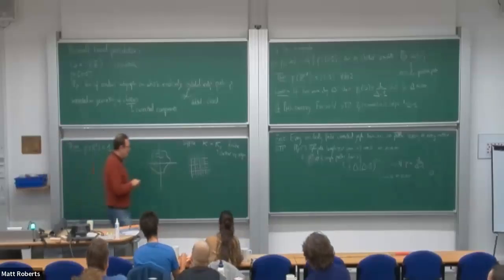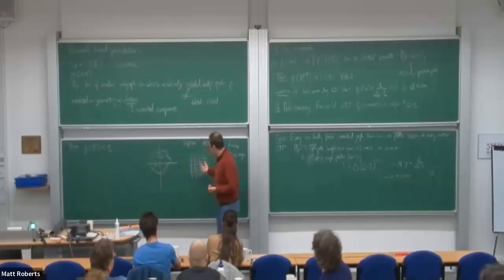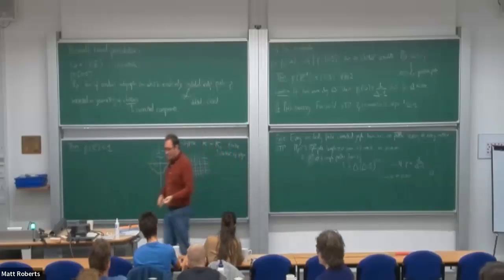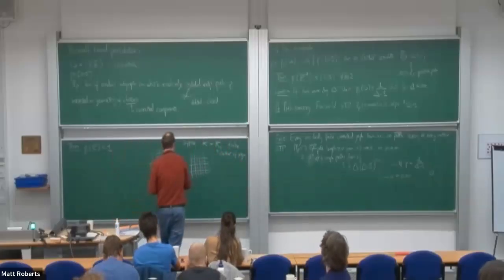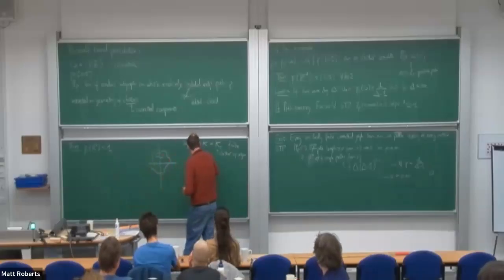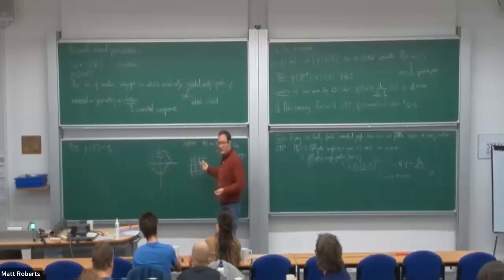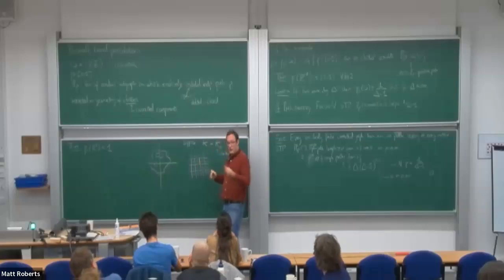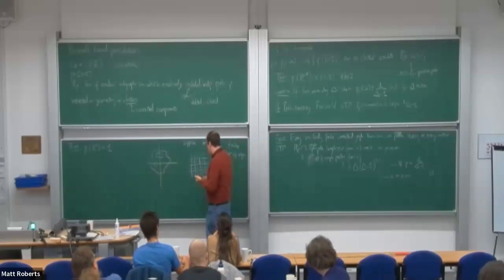And what we can do is we can define a configuration by saying, every time I see an open edge, let's say this edge is open, that means I do not include the dual edge that crosses it. But conversely, if I see a closed edge, so maybe this edge is not there, then I do include the dual edge that crosses it.